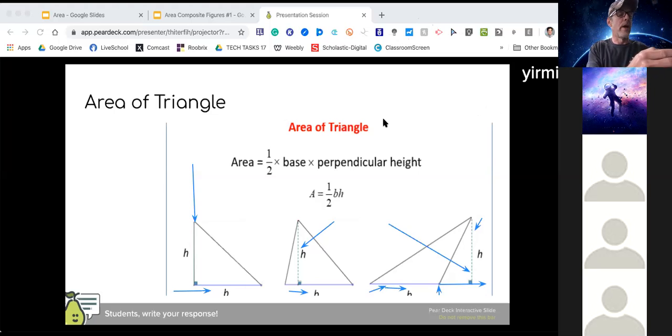Yep, all of you are correct. It's because it's making half of a bigger parallelogram or rectangle, right? So it's making half of a bigger rectangle or parallelogram. That's correct.